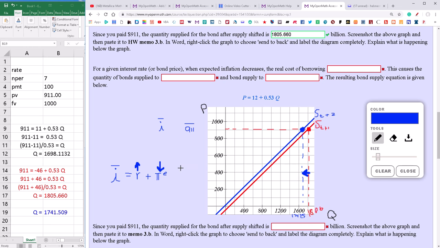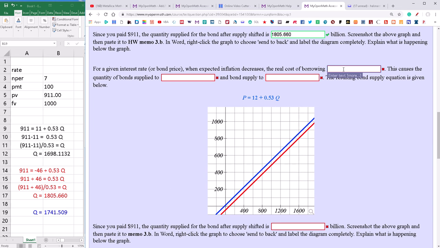This equation, the Fisher equation, the Fisher effect, is really important in helping us understand how this shift is inward. I'll close this and then we'll answer the questions. So the real cost of borrowing increases. The quantity of bonds supplied decreases, and bond supply decreases.